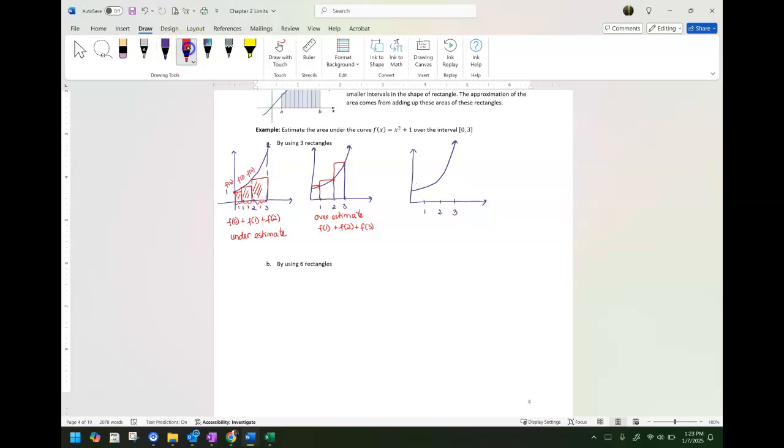Let's say I draw the rectangles using the height at the midpoint between 0 and 1, the midpoint between 1 and 2, then the midpoint between 2 and 3.